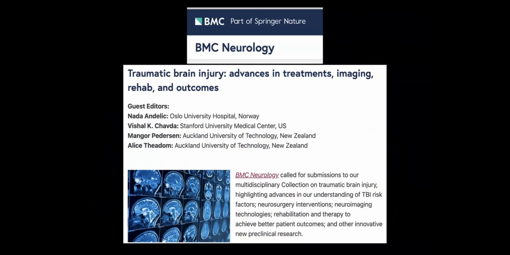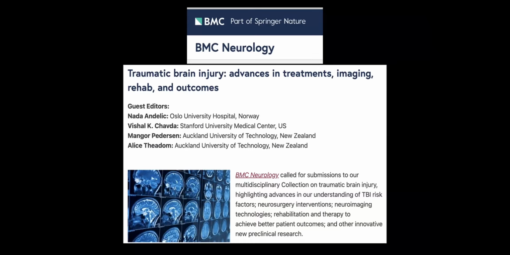And the reason I emphasize that is because, even though there's controversy about traumatic brain injury in the United States because of the National Football League and medical legal issues, Norway and New Zealand in particular are not countries that are known either for medical legal controversies or playing American football.